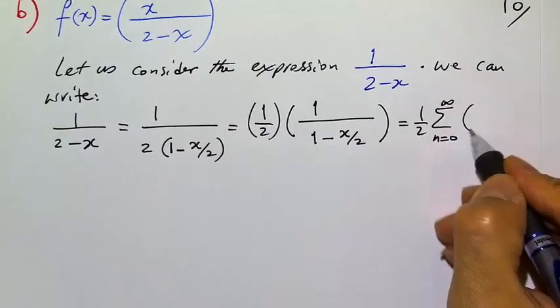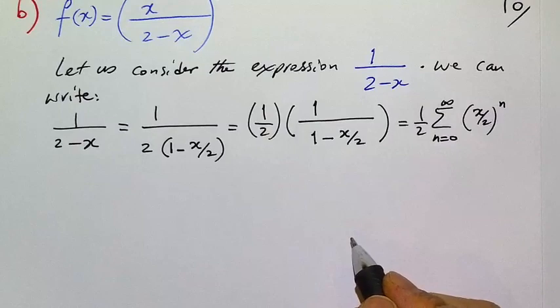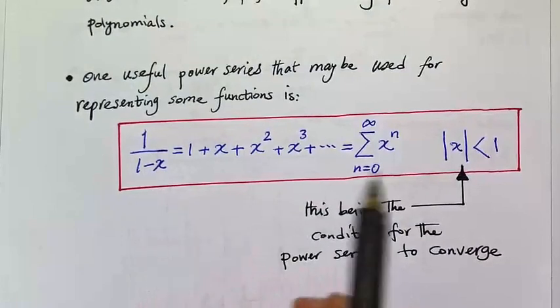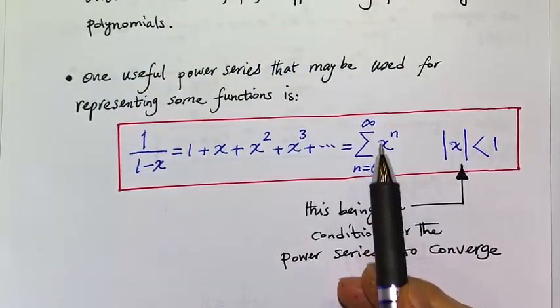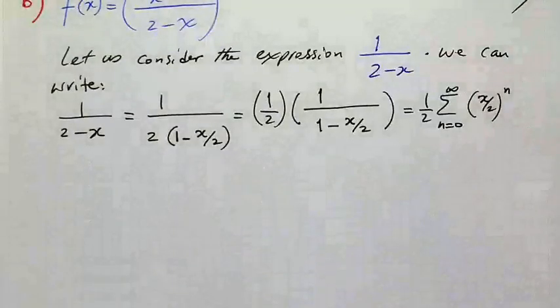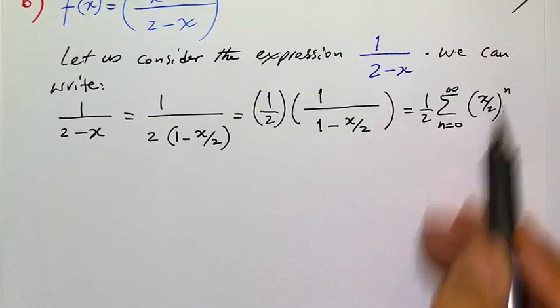So this will be parenthesis x over 2 to the n power. I skipped writing this, but I hope you see what I'm doing. 1 over 1 minus x is equal to this power series. Okay, so instead of x, we have x over 2, so that ends up there to the n power.